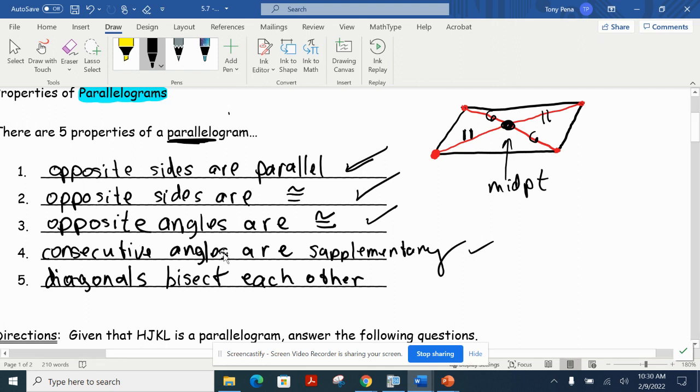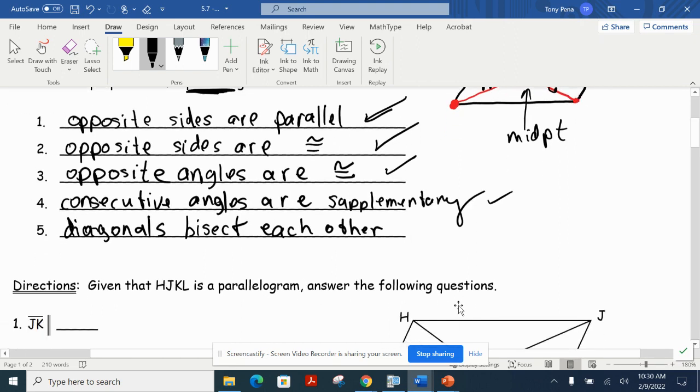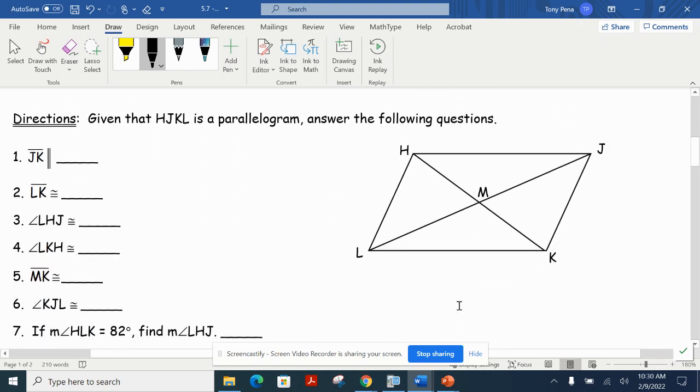Those are our properties. All you're going to do in these next 7 or 8 problems is actually familiarize yourselves with these with actual letters, with an actual graph, so on and so forth. So if we come down here, it says, given HJKL is your parallelogram, answer the following question. So the first one is dealing with the idea that if you look at side JK, so here is JK, here is our parallel symbol.